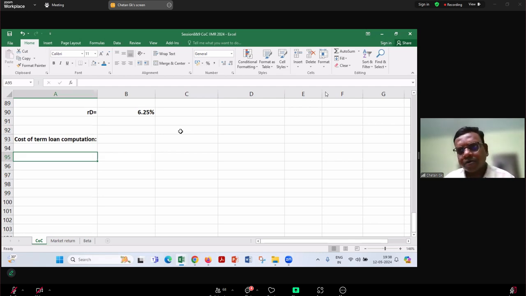Basically, it is a bank loan. Okay, it is an 8-year loan you have taken, 8-year loan taken 3 years ago. Which means what? You have to repay this in the next 5 years.